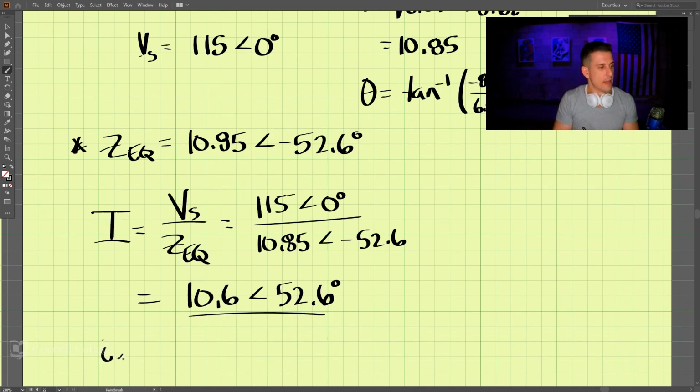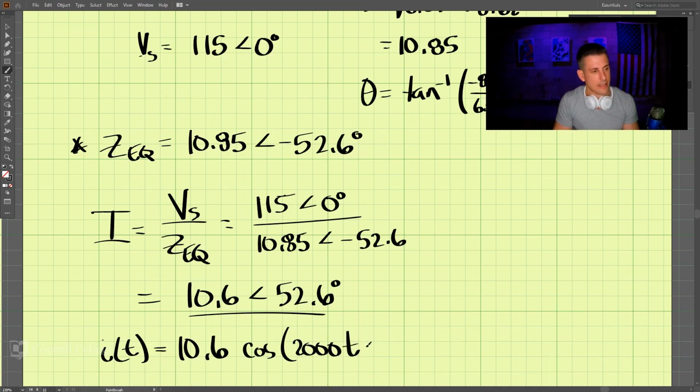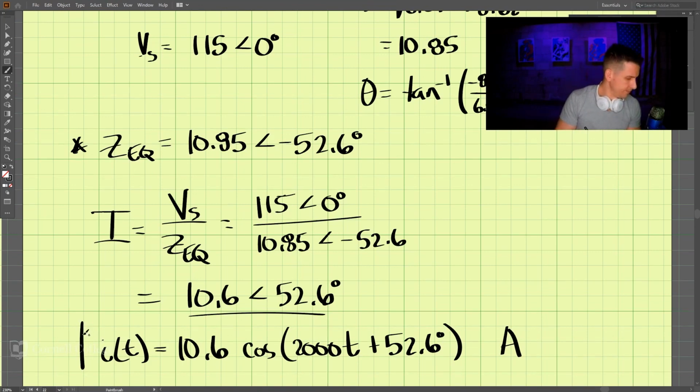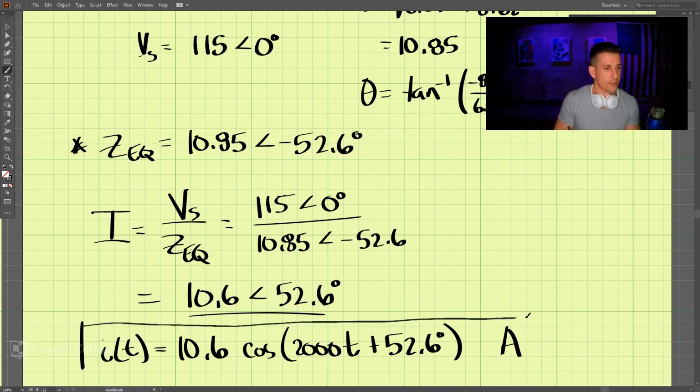If we write that as a function of time, that is 10.6 cosine of 2000t plus 52.6 degrees, in amps. So this is our solution for the current of the circuit.